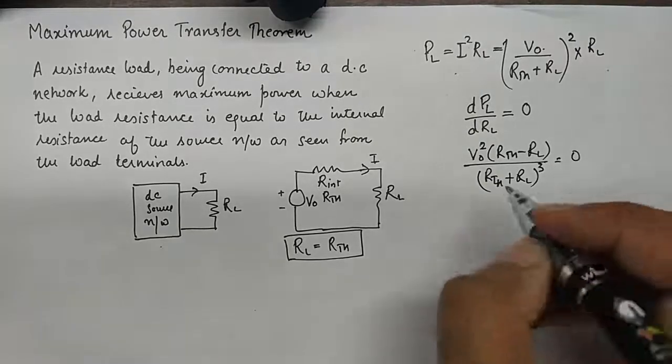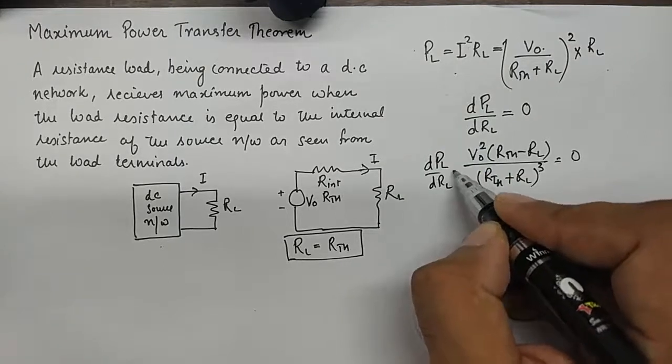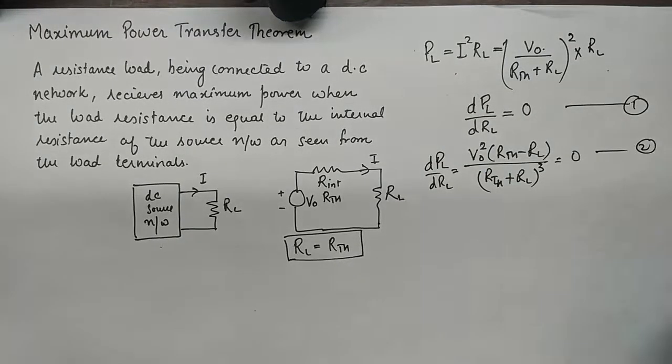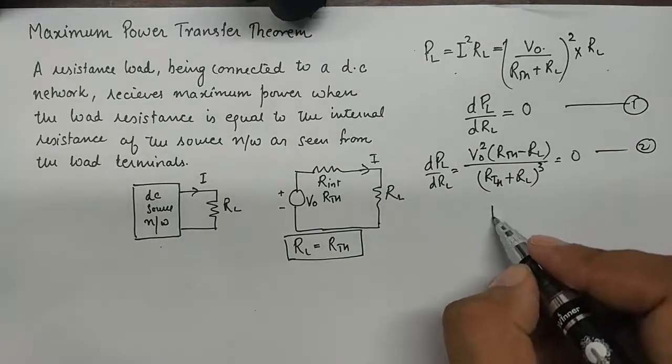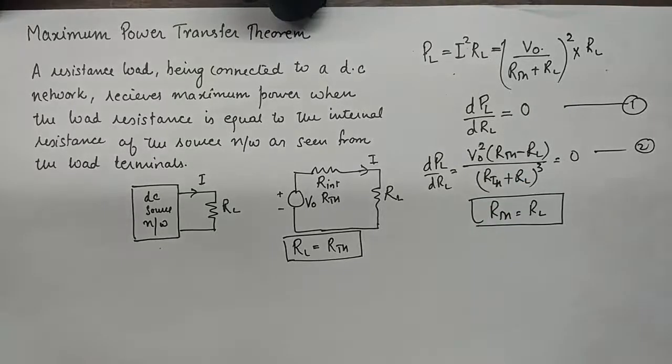The value of dPL upon dRL comes out to be equivalent to 0, and we need to make it 0. So we get RTH equivalent to RL because V0 cannot be 0.